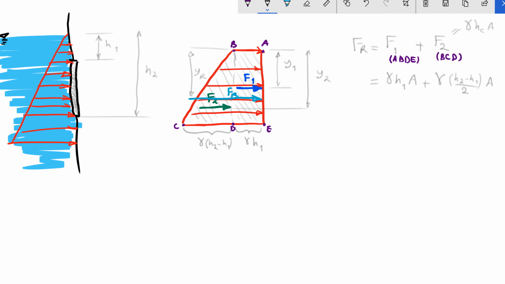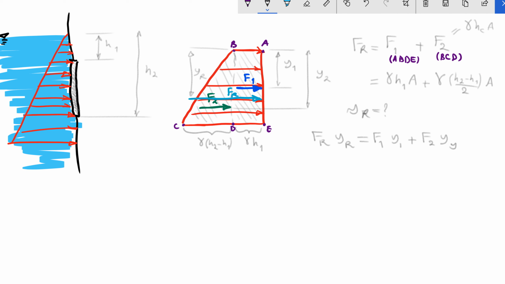Okay, now I want to find the position, which is YR. It is going to be based on the moment of FR and F1 and F2 from the top side, for example, point A. So FR multiplied by YR must equal F1 multiplied by Y1 plus F2 multiplied by Y2. Those moments must be equal.